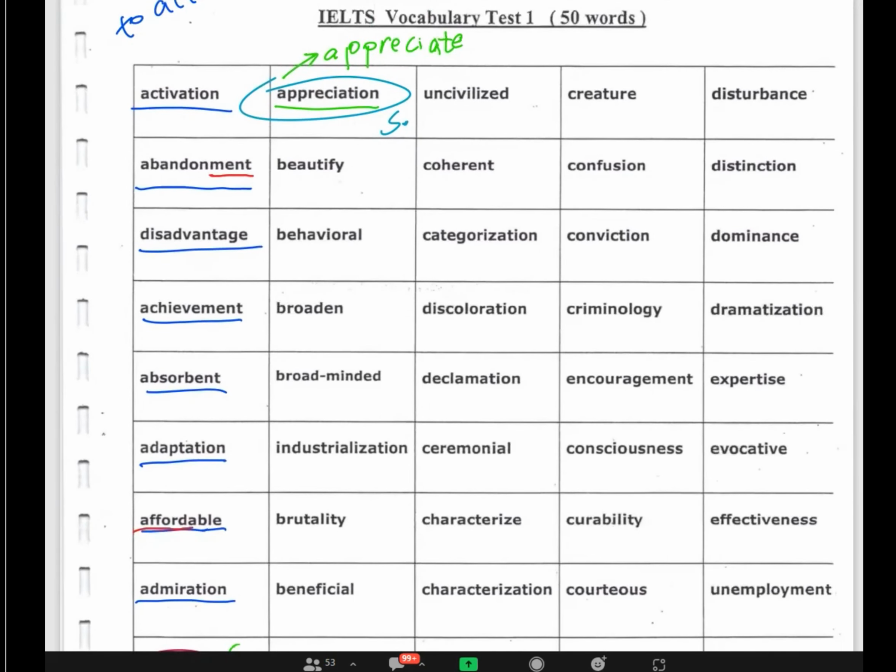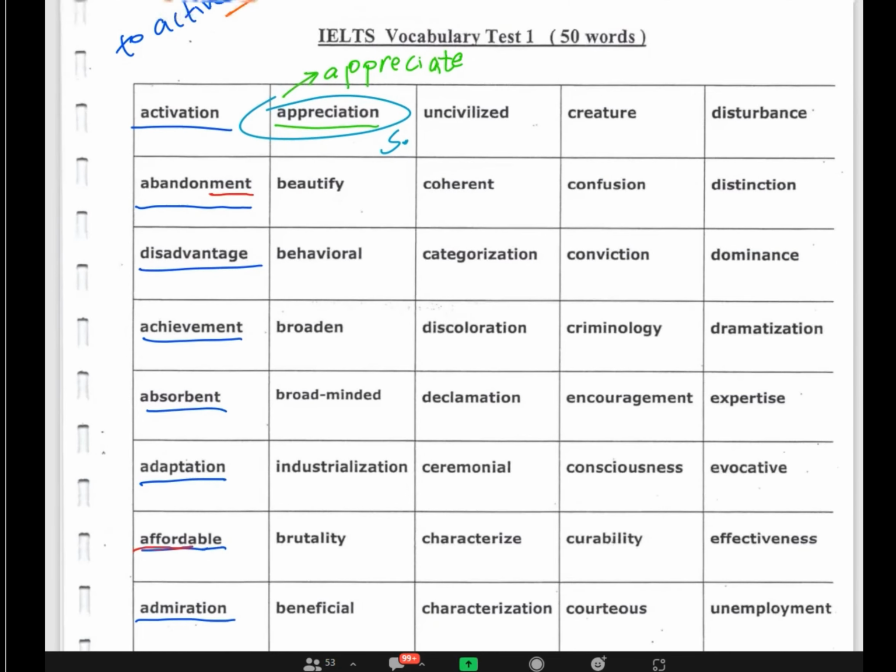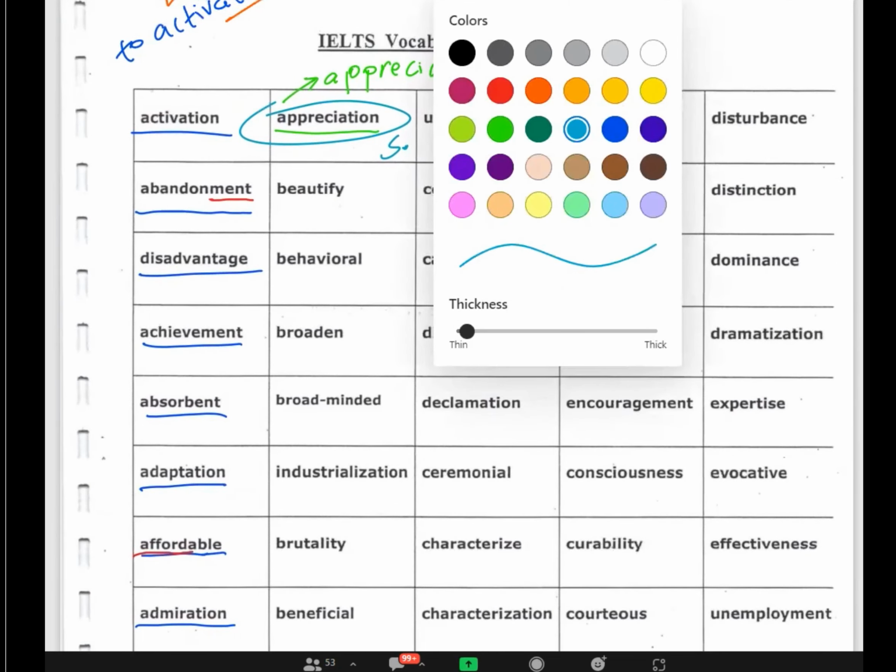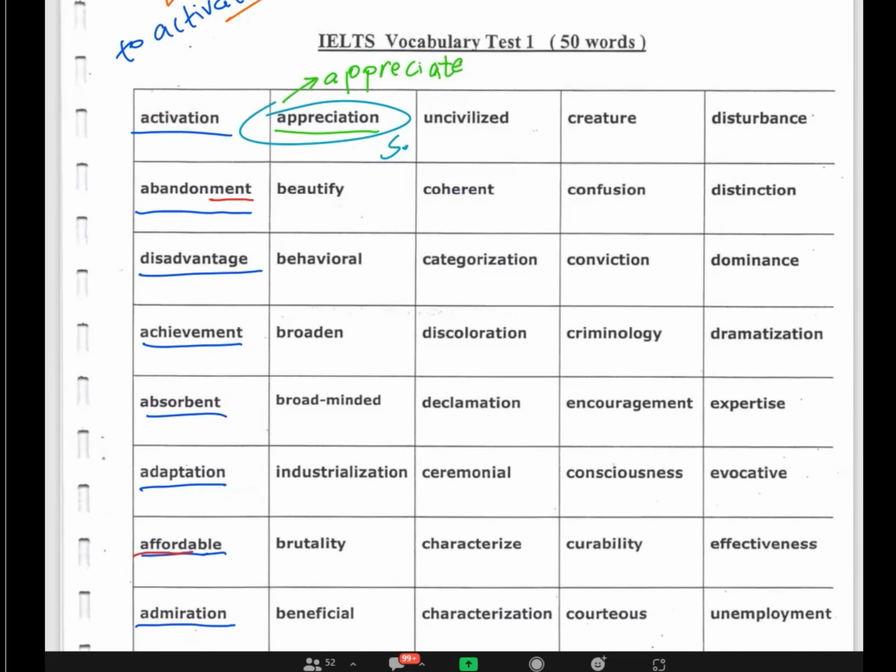Appreciation. Okay, let me ask you about this. Why do we need appreciation at work or in life in general? If you are working, why is appreciation necessary?